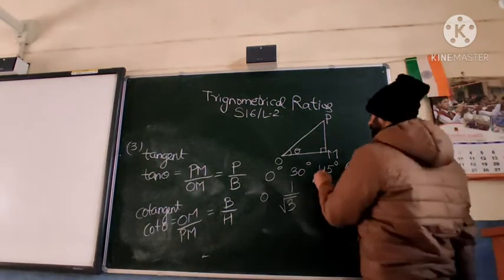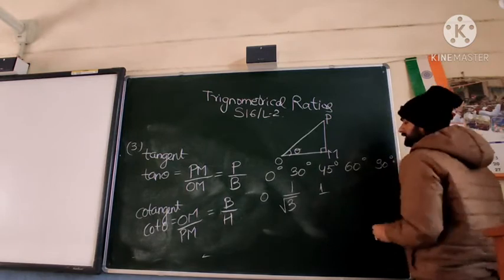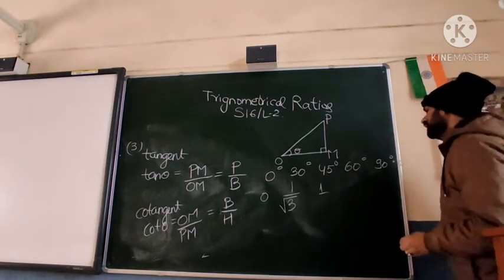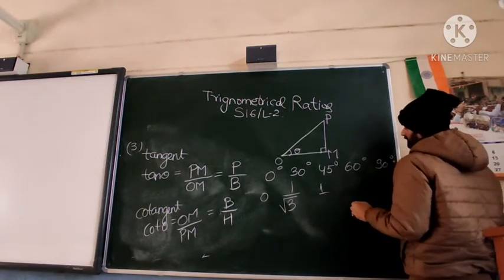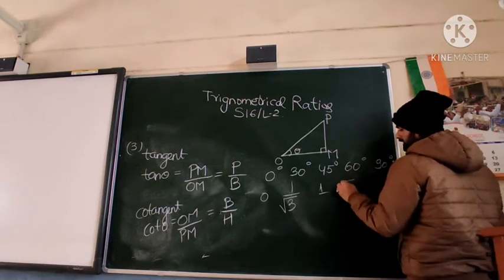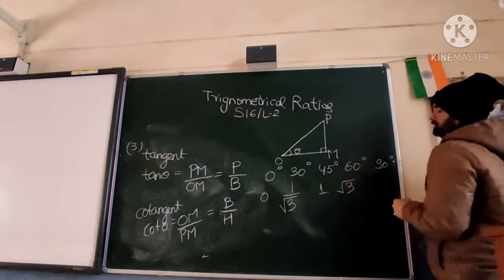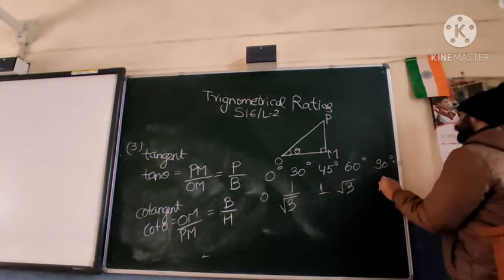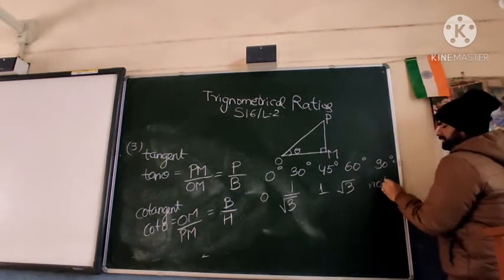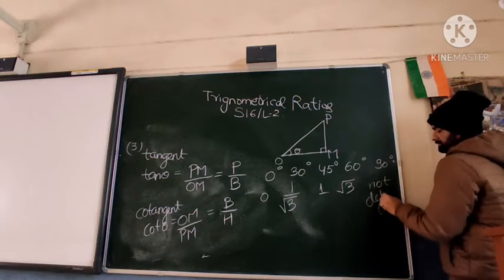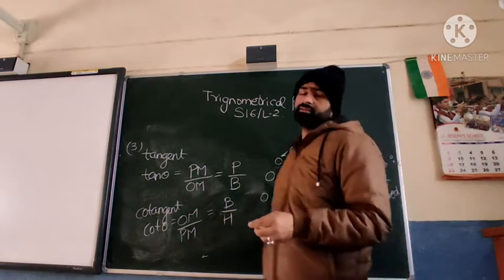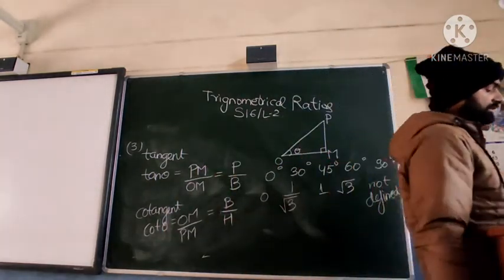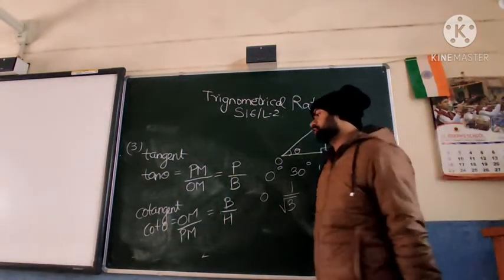Tan 45 is 1. Tan 60 is 3 upon 4 minus 3, that is root 3. Then 4 upon 4 minus 4, that is not defined. Don't say infinite, say not defined. So once you take the reciprocal of this, you can get the other values. Okay. Some more theory to come.